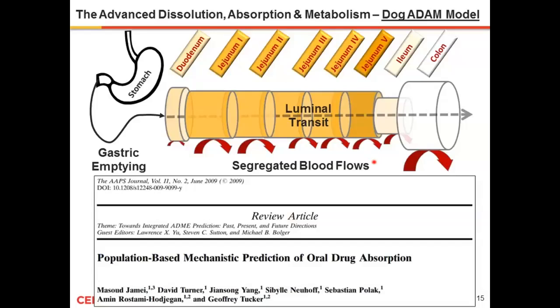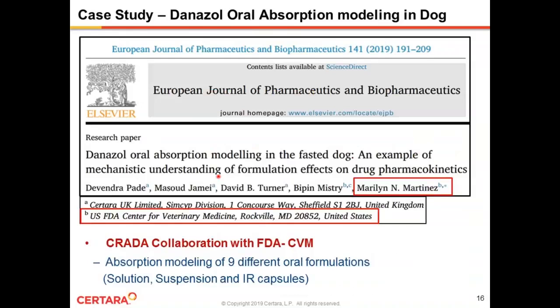I won't go into the depth of the ADAM model, but most of the specifics can be read from this paper by Jamei et al. in 2009. As a use of the ADAM model, I will be going through a recently published example in the next couple of slides.